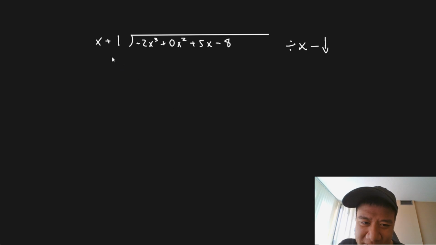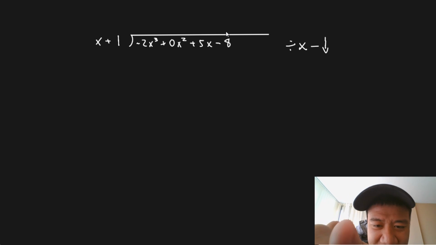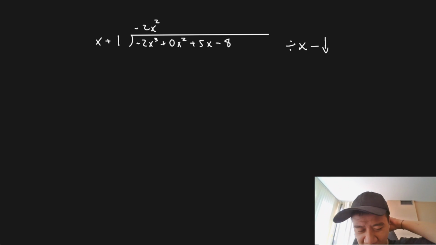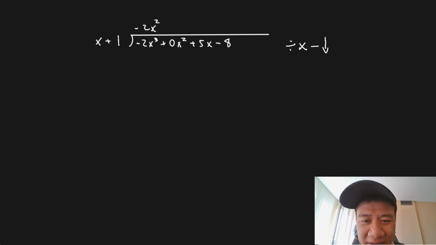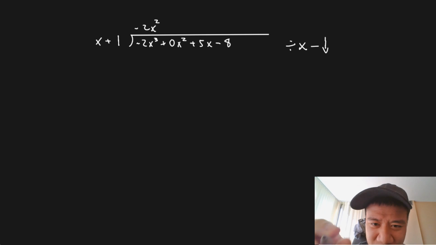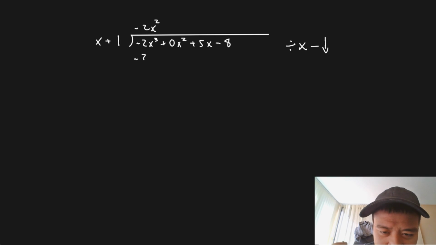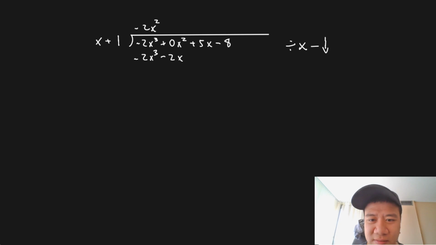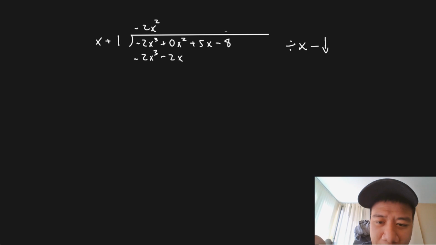Negative 2x cubed divided by x gives us negative 2x squared over here. Next step is multiplying. Negative 2x squared times x plus 1 will get us negative 2x cubed minus 2x squared.